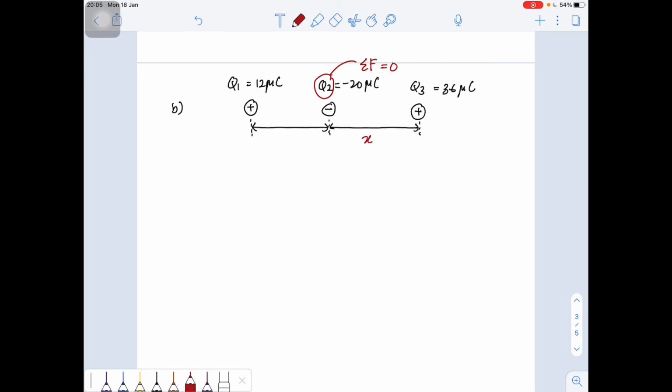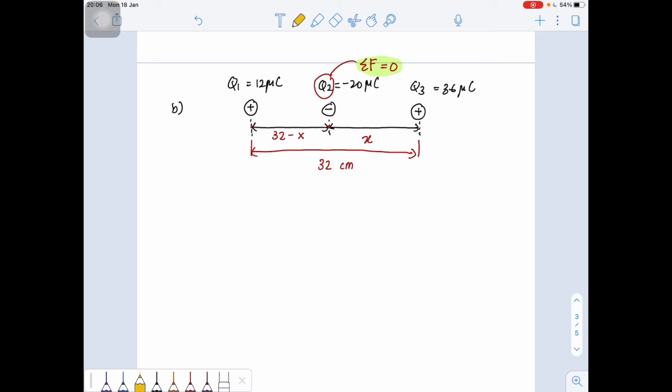So we want to find this distance here, which we just put as X. The total distance from Q1 to Q3 is still the same, which is 32 cm. So the distance from here to here will be 32 minus X. Since the total force here will be equal to 0, we draw first what forces are involved.